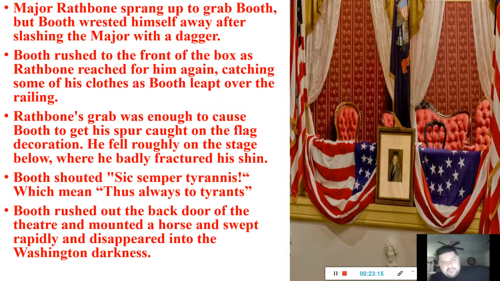He falls feet first, but a lot of the pressure fell on his, I believe, right leg, and the shin, that's the bone between your knee and your foot. If you rub your finger down your foot or down your knee, that first bone you see, that's your shin. He fractured that.